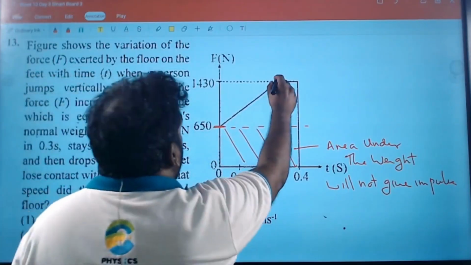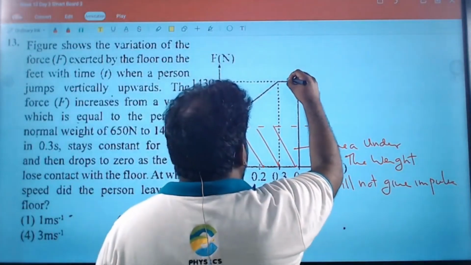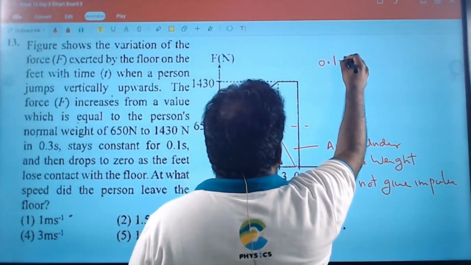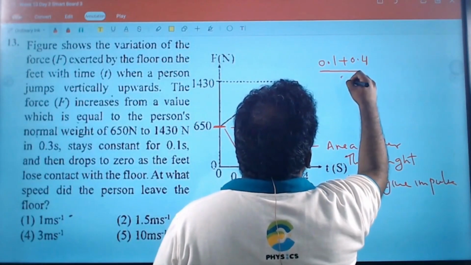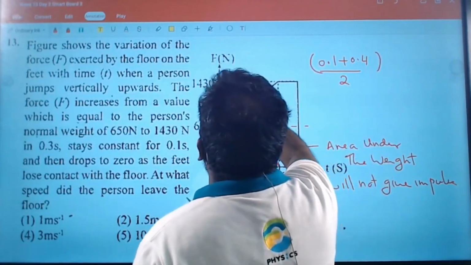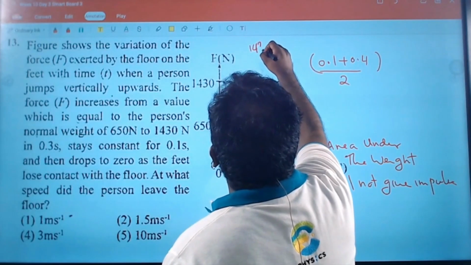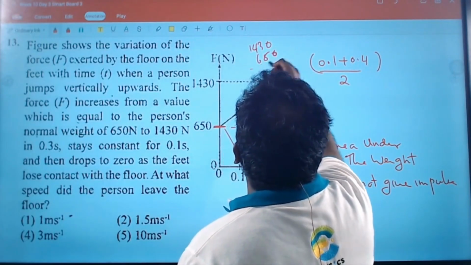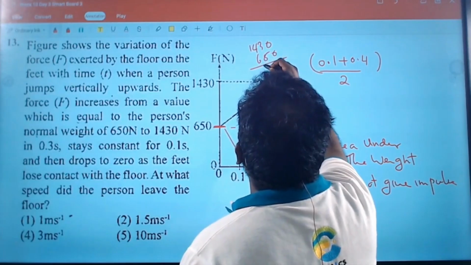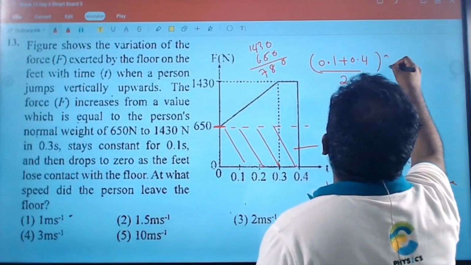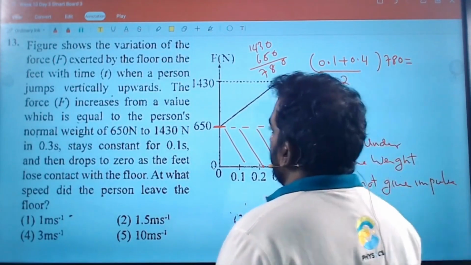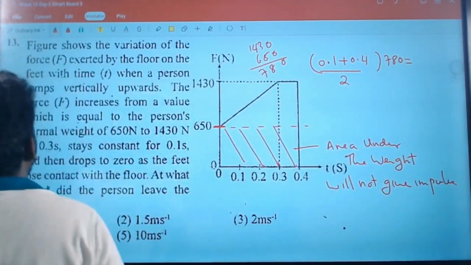But area above the weight has meaning. So here you can say (0.1 plus 0.4) divided by 2 into perpendicular distance. 1430 minus 650, 780. Child is jumping up.